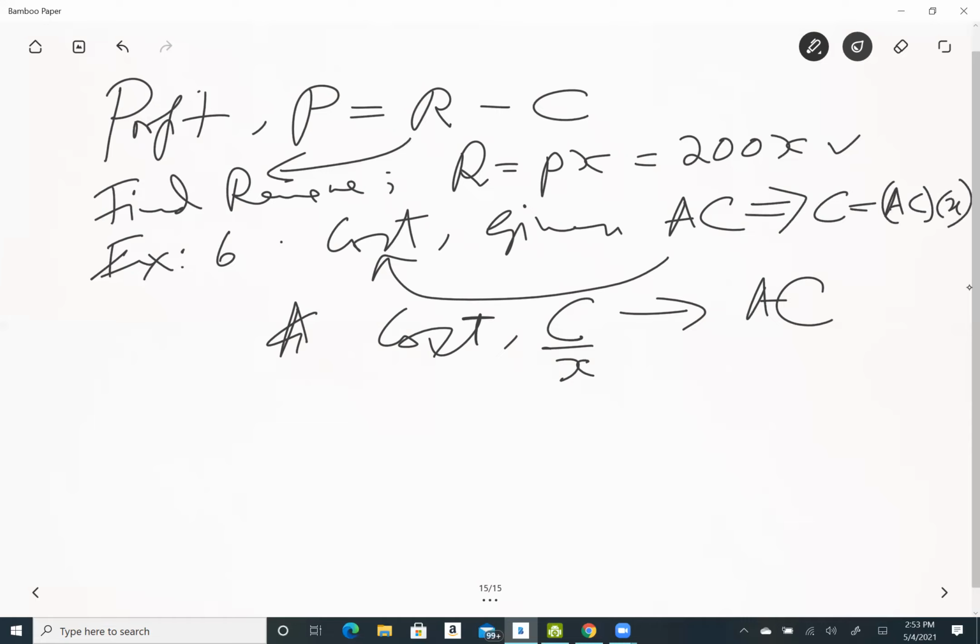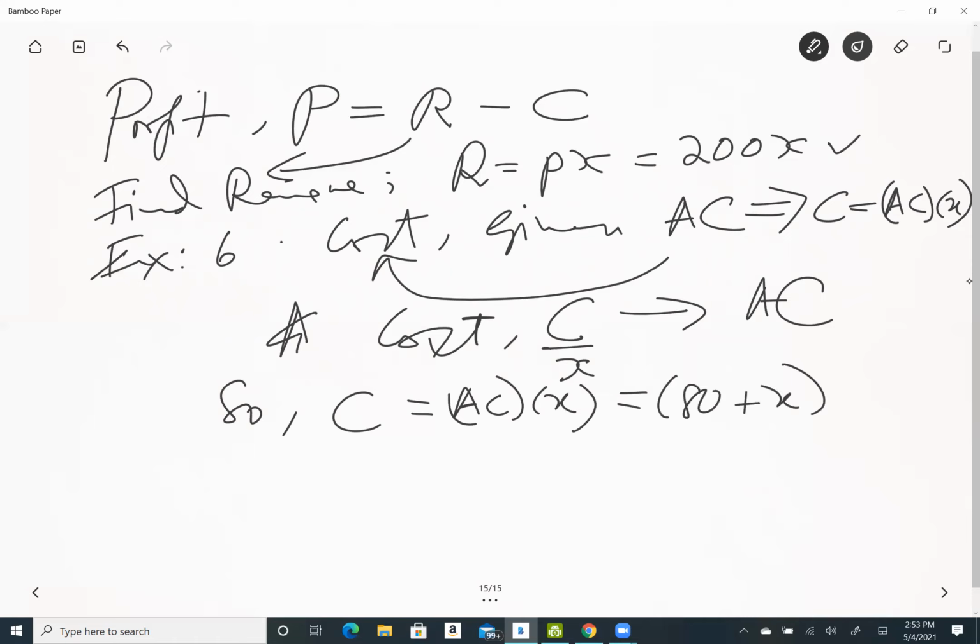Here, given your average cost is equal to 80 plus X, your cost is equal to the average cost multiplied by X. You put in the average cost multiplied by X, and that is equal to 80X plus X squared. So you got the cost function.